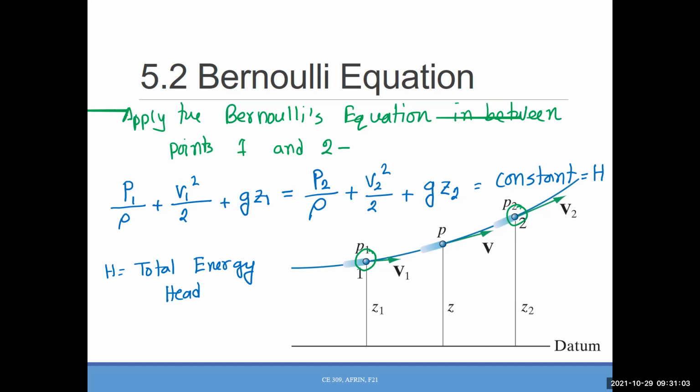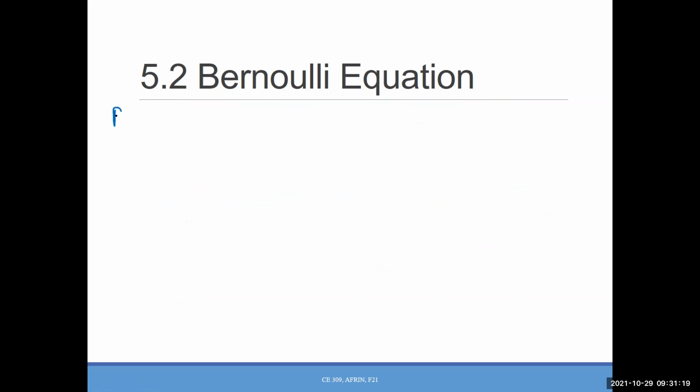Now, this is the equation for energy, right? We are discussing different types of energy, so each term should have the unit of energy. We have P over rho, V square over 2, and gZ. Now tell me, what is the unit of energy in the SI system?